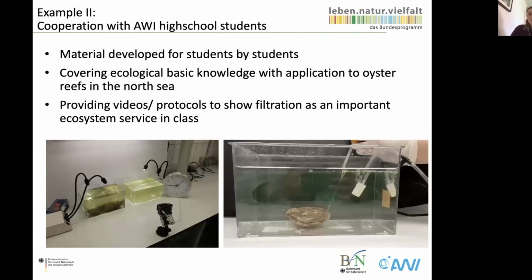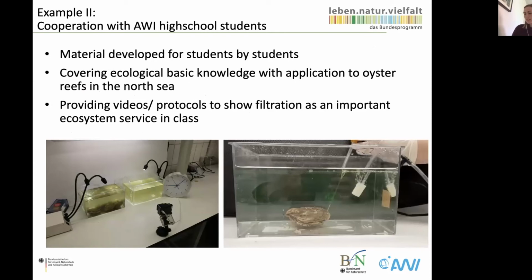And for this, we also had a cooperation with high school students. They come to the AWI and really have school in the institute, which is a huge opportunity for them, but it's also very cool for us because they have projects where they have to work with scientists, and we were happy to be the scientists. So in their project, they developed student material for students by students.